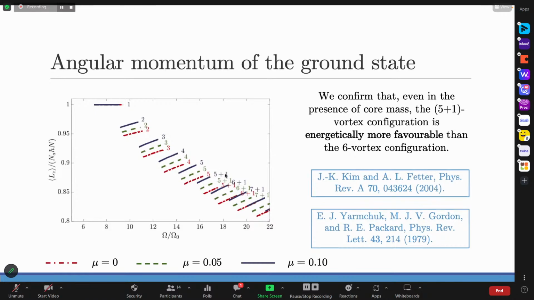So it means that when we have a pentagon of vortices, and if we increase the rotation further, it's energetically more convenient for the system to add one extra vortex at the center rather than to form the hexagon. This is a quite old result that was originally observed in superfluid liquid helium in 1979, and that was later explained and discussed in the work by Kim and Fetter.